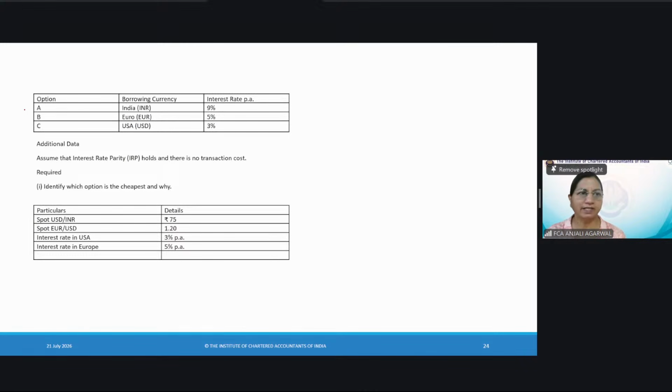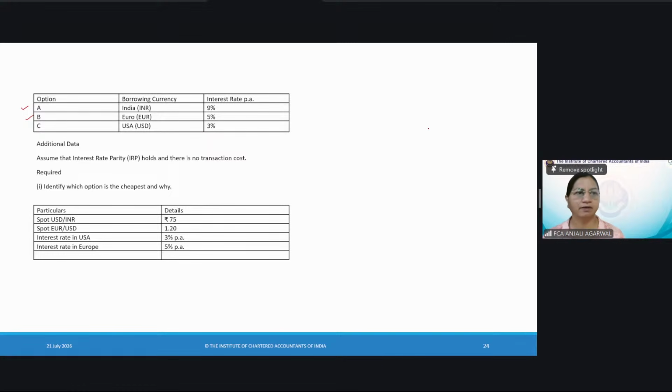Now, the financing option of 50% borrowing, it can come either from India, option A, which will be at 9% rate per annum. It could come from Europe, which is 5%, or it could come from US at 3%.